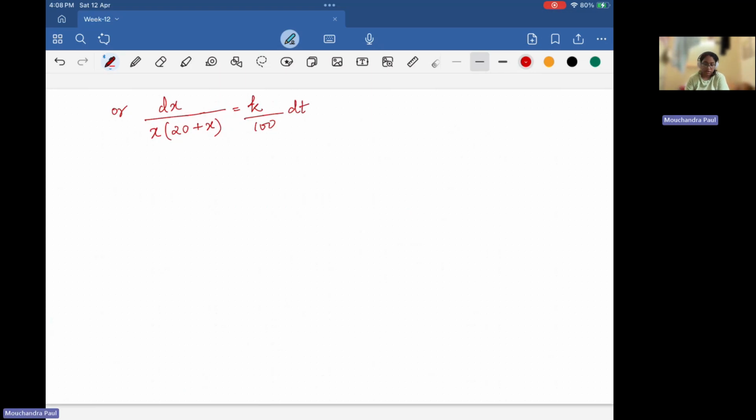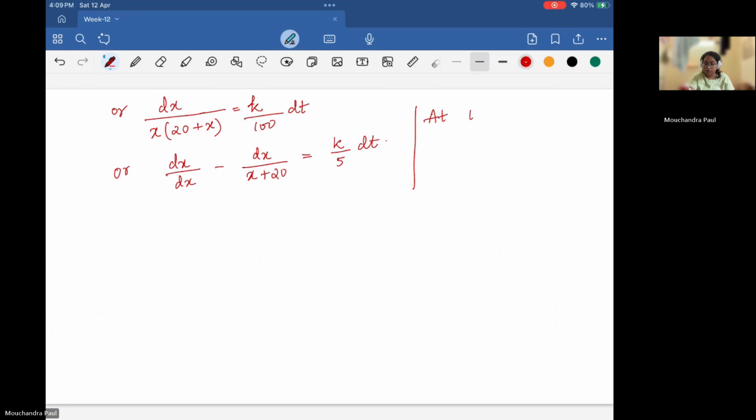So this equation can be split into two parts and then integrated. So we can write it as this. This comes from the knowledge of your plus 11. What are the conditions given to us for integration?